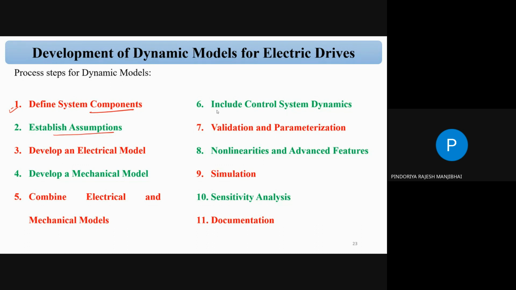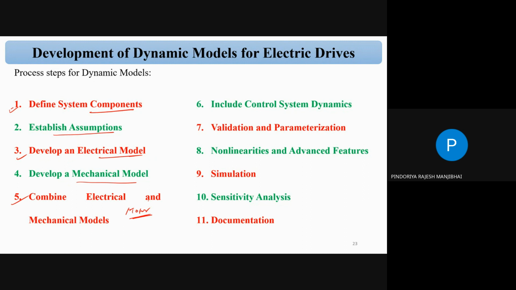So we have to establish the assumptions. That is the second step. Third step, development of the electrical model. Then we have to develop the mechanical model, because our motor has both electrical and mechanical components, correct. And then finally there is a combined electrical and mechanical model. So we can say now our motor is ready, correct.